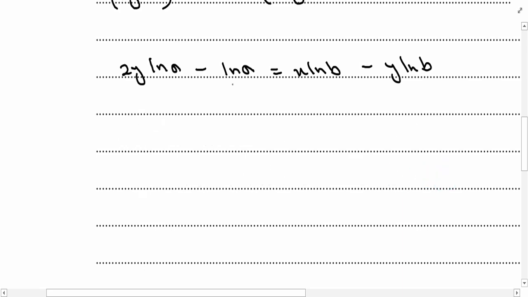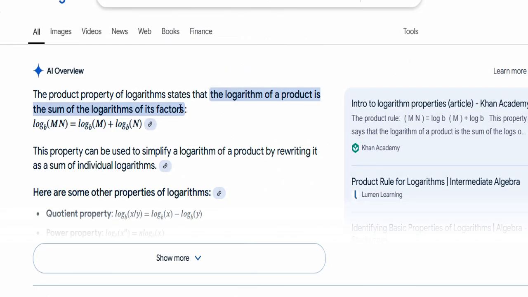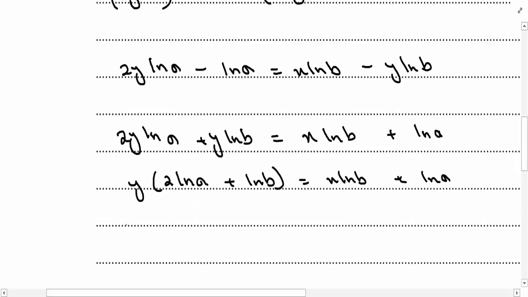If we rearrange it, now we are going to use the product property of the log, which states that the sum of the logs is equal to the log of the product. So it would become y times ln of a squared b.